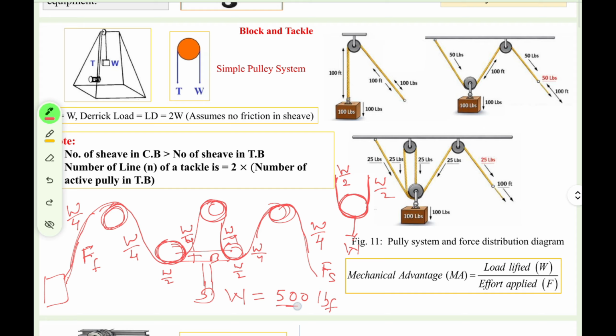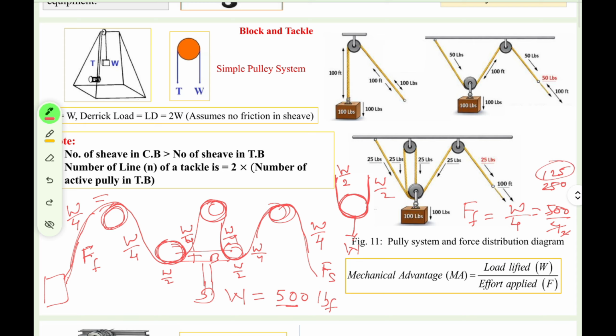Earlier it was 50 kg. Now let's suppose I write FF, the fast line load. So FF is equal to W by 4. Now W is 500, divided by 4. You may get some value: 250, and then again 125. You can check using a calculator.